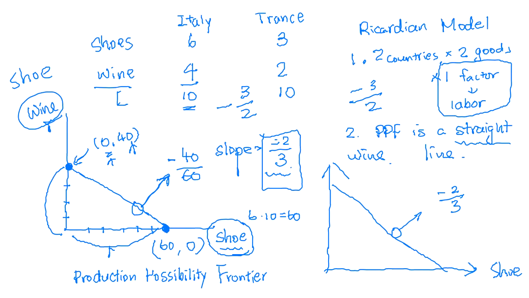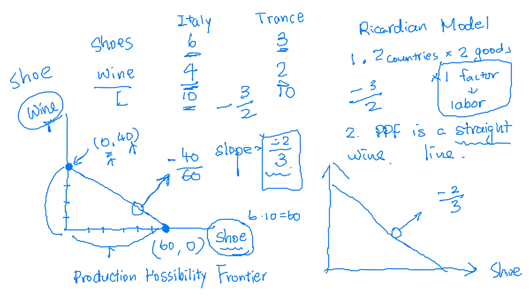On the homework, it asks which country has the absolute advantage and comparative advantage for shoes and wine. So how do we calculate that? For the absolute advantage, you simply compare the marginal productivity of labor. Who has the absolute advantage in shoes?